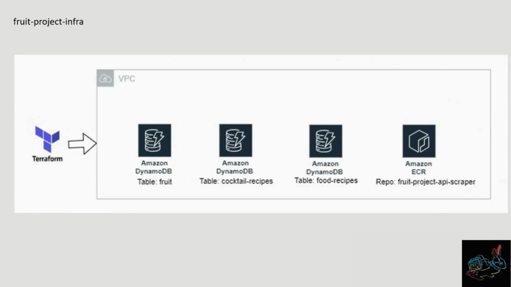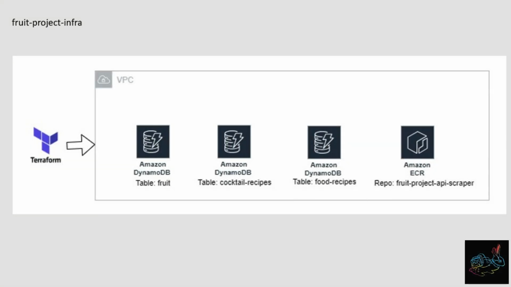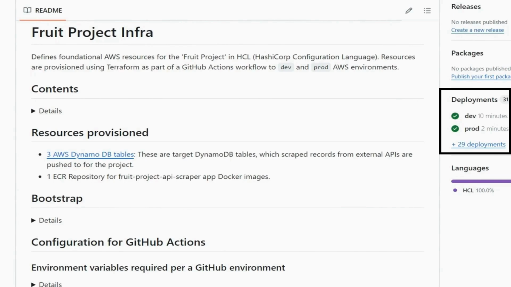This diagram shows the names for the 3 DynamoDB tables and an AWS ECR repository, which are provisioned via our GitHub Actions pipeline. Resources are deployed using Terraform to separate dev and prod accounts in AWS. Those environments pertain to GitHub deployment environments, which are represented on the right-hand side.